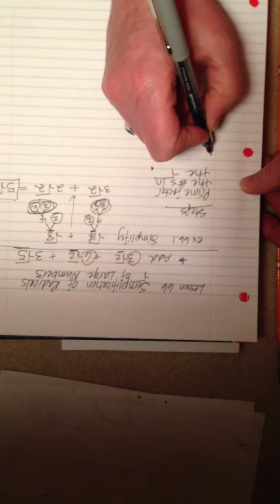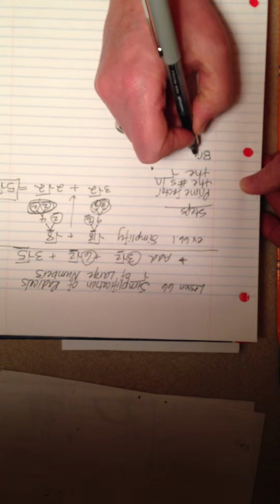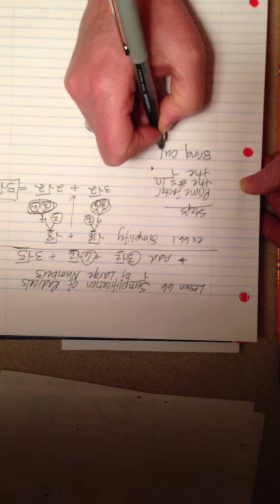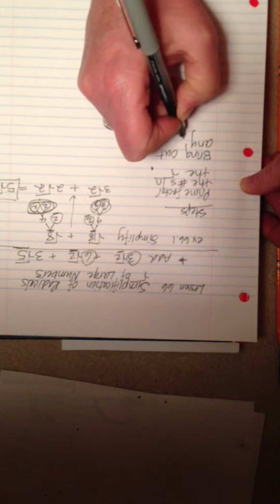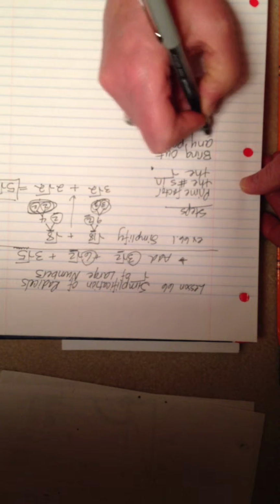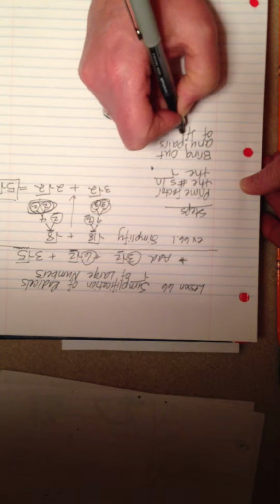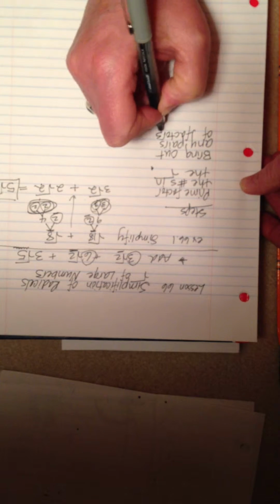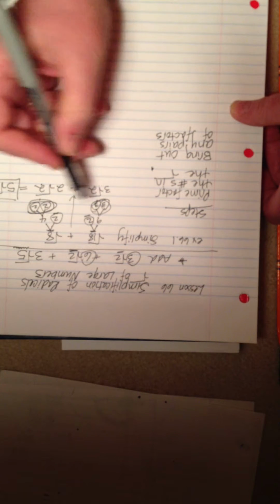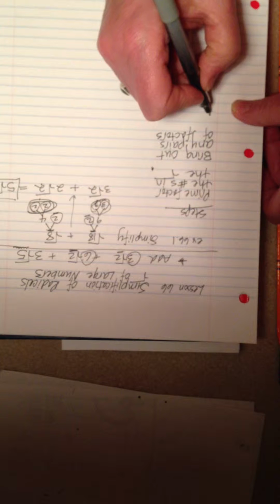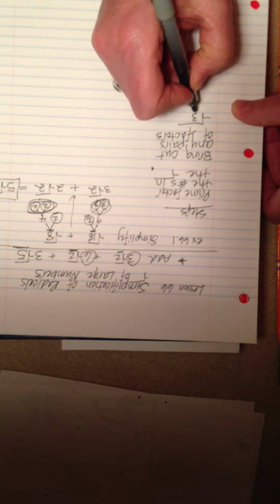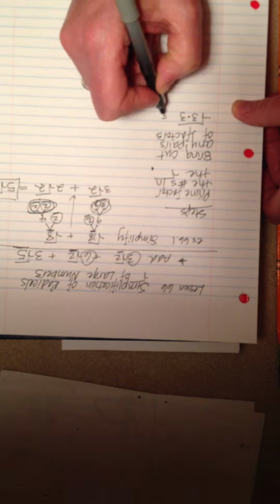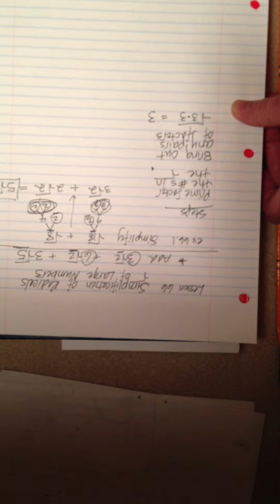And then the next step is bring out any pairs of factors. And remember, you have to have 2 in the house to equal 1 out of the house. So the square root of 3 times 3 equals just 1 on the outside.